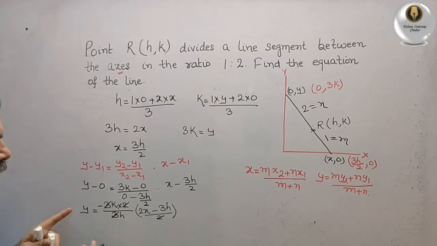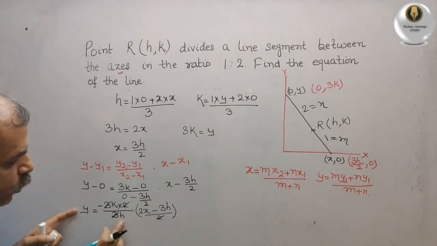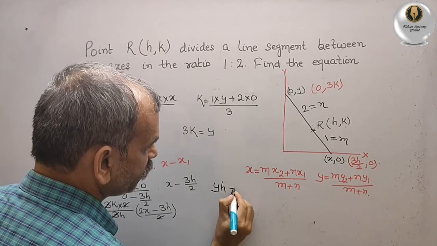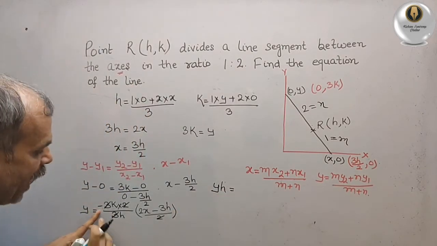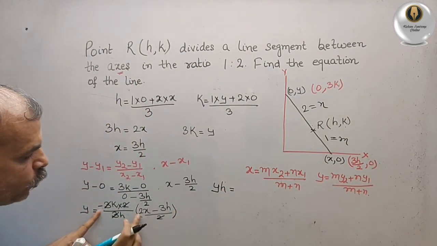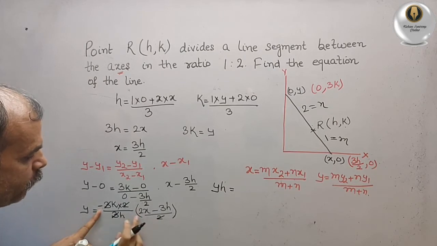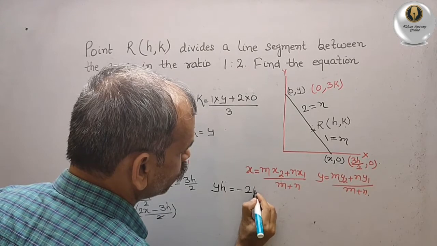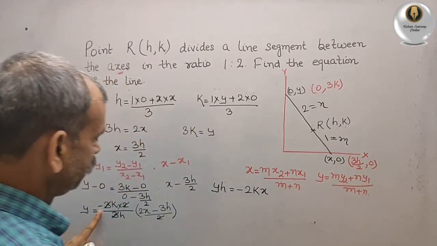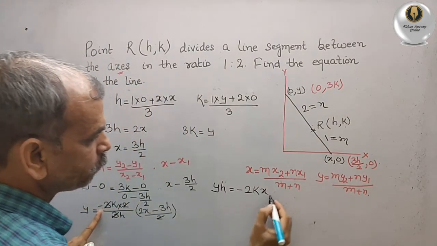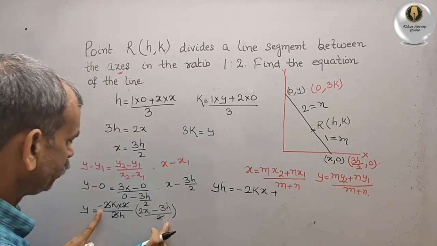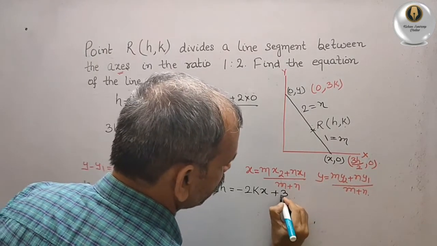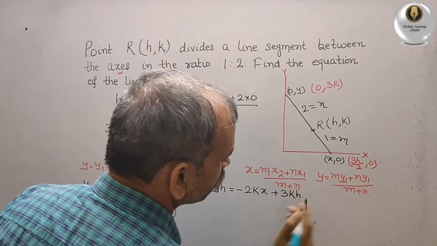So now your equation is y into h is yh, that is equal to minus k into 2 is minus 2kx, and minus into minus is plus 3kh.